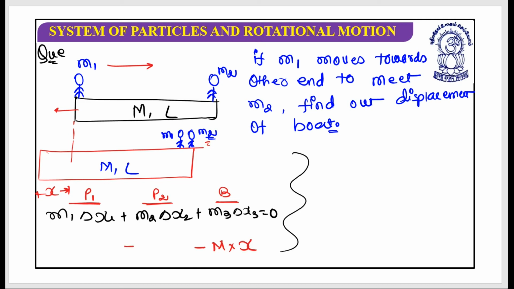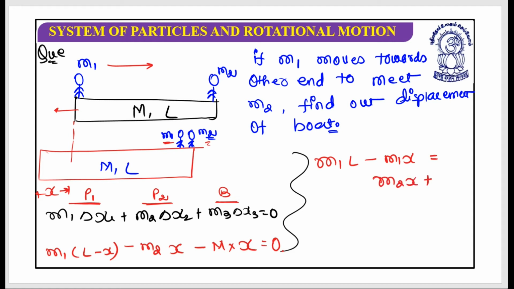So that should be minus m2 into x, while person m1 has been displaced by L minus x, but it is moving in the positive x direction. So I should write it as m1 into bracket L minus x. That leads to 0. So this could be written as m1L minus m1x equals m2x plus Mx.